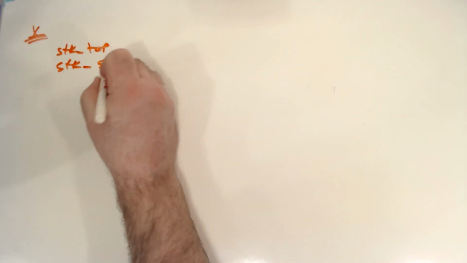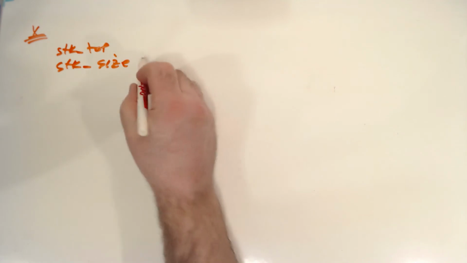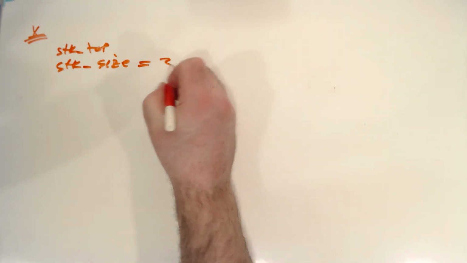So before we dive into that one, let's look at a list that is not empty, right? So let's say this is our X, right? X is a reference to a my stack. Remember, it has a stack top, and it has a stack size. So this is going to equal some number, let's say 3.